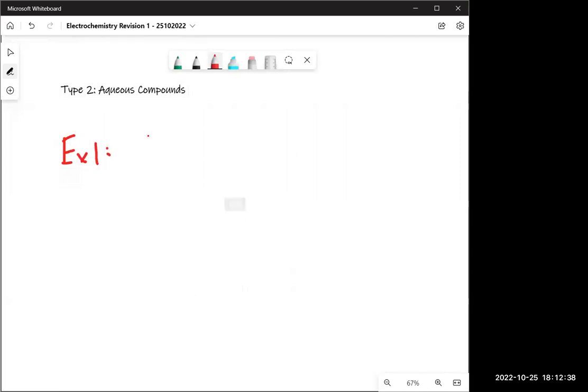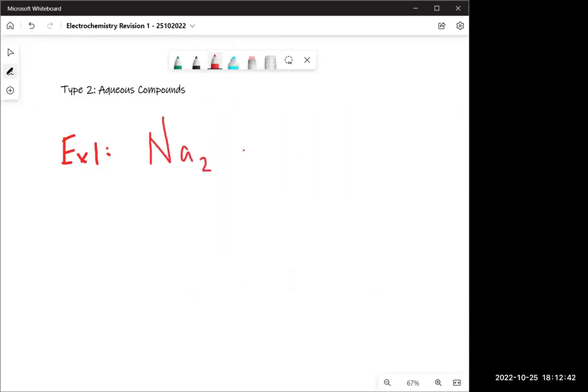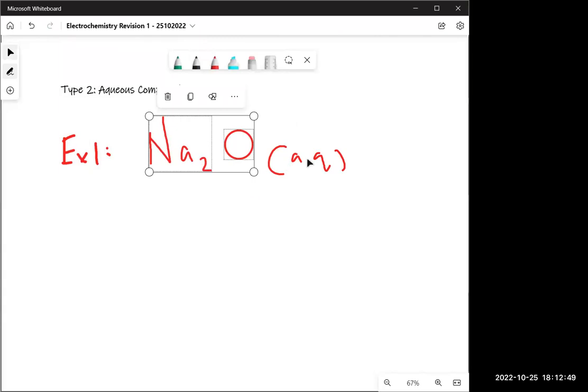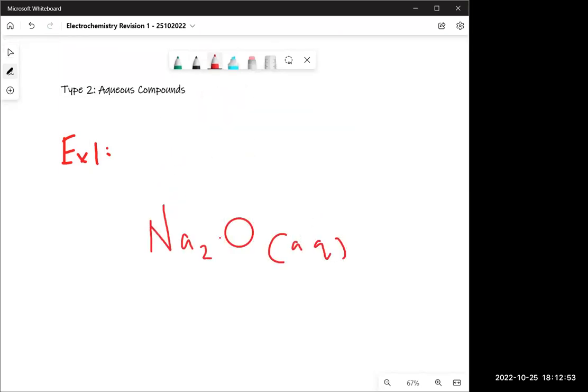Aqueous compounds, Example 1 is K2O, aqueous. Now, what is this called? Can someone tell me the name of this? Sodium oxide.